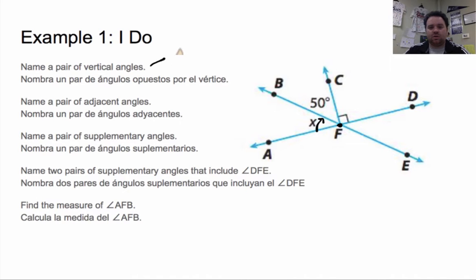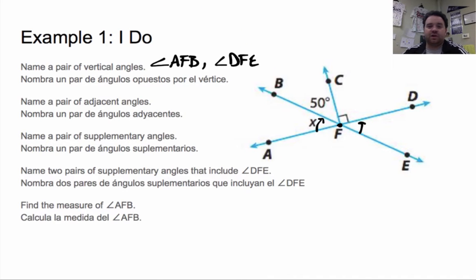So angle AFB is congruent to and vertical to this angle here, which is angle DFE. So that is a pair of vertical angles.